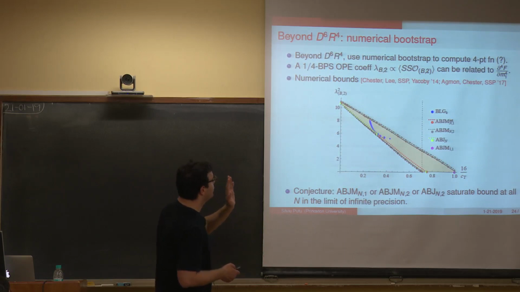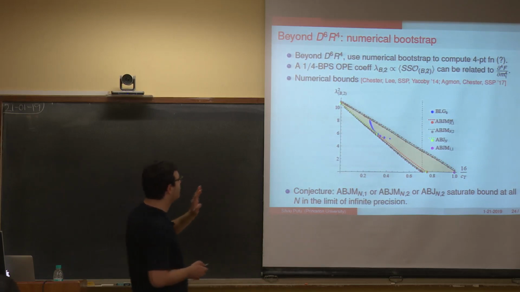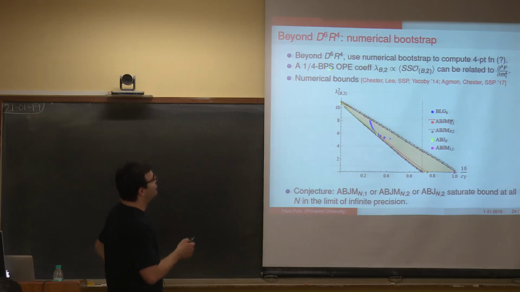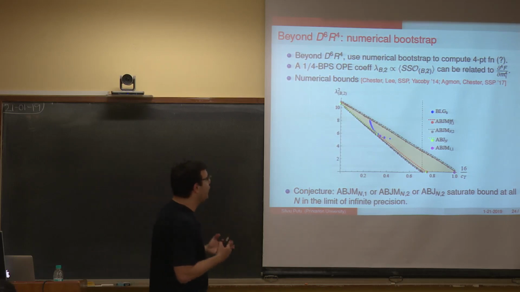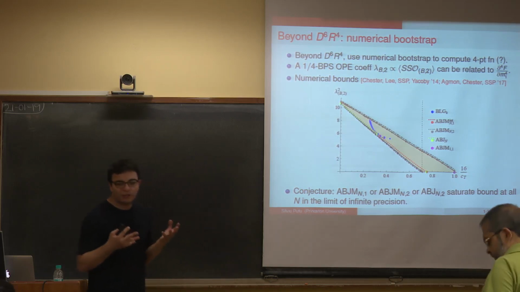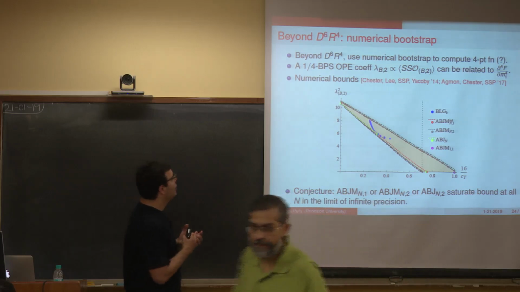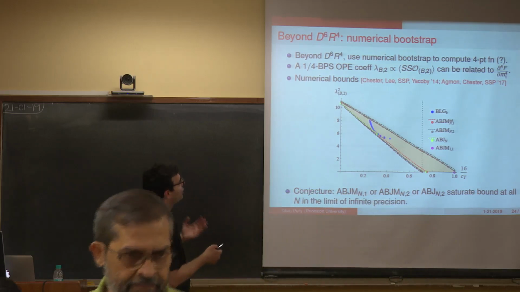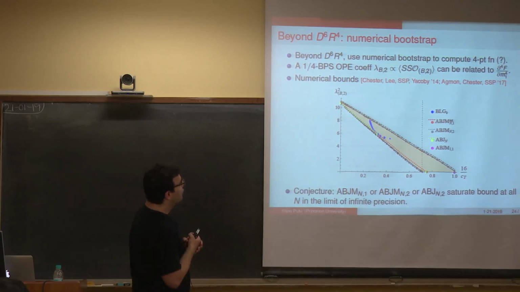I have 2 slides that are just tangent, which is that to go beyond d to the 6th r to the 4th, then maybe one can apply a similar philosophy, but supersymmetric localization wouldn't be enough. But maybe numerical conformal bootstrap could help.